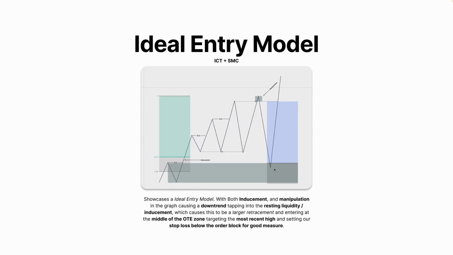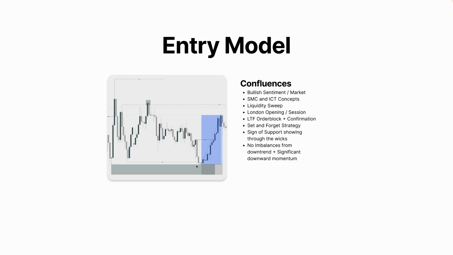That gave us the pixel perfect entry model, taking our profits at the most recent high, which gives us the most risk to reward that we can possibly get out of this trade. And we are not taking it here, because knowing from our high time frame perspective that we have inducement down here gives us a more clear cut perspective of the market at this current state.